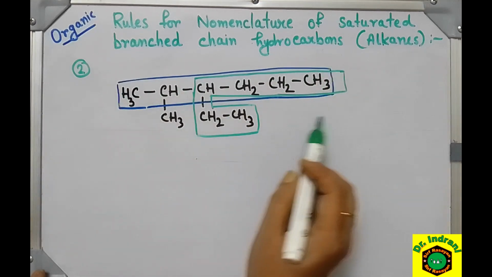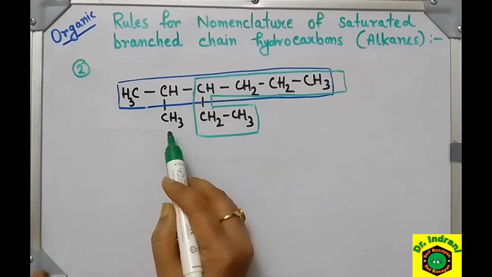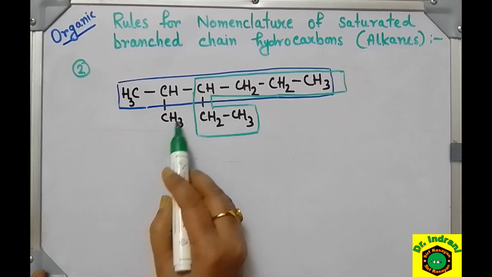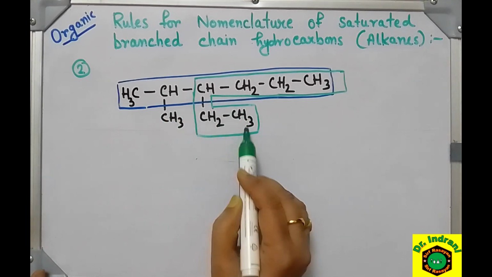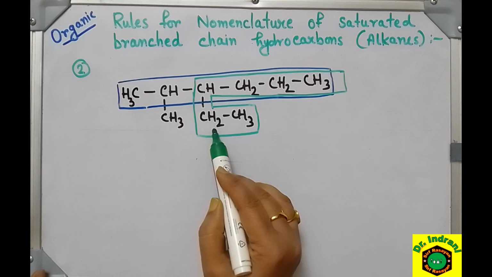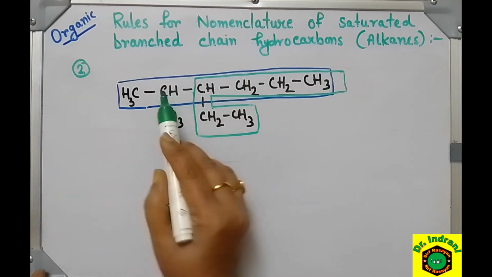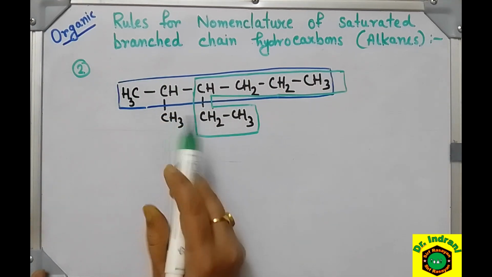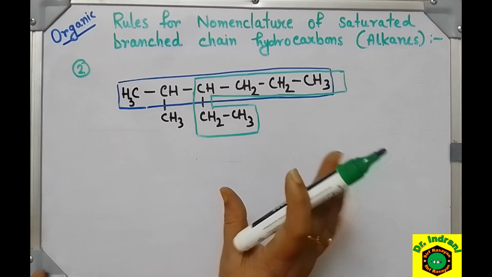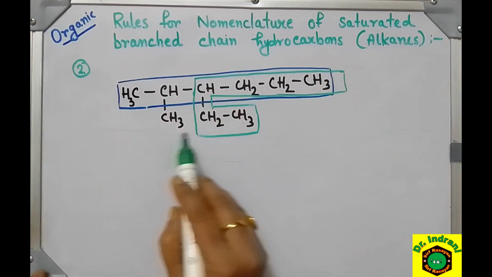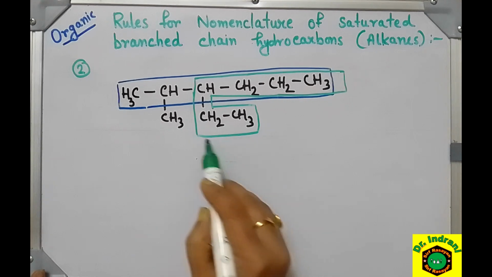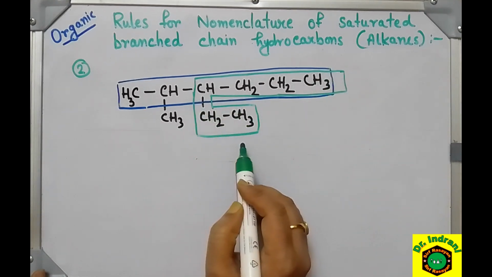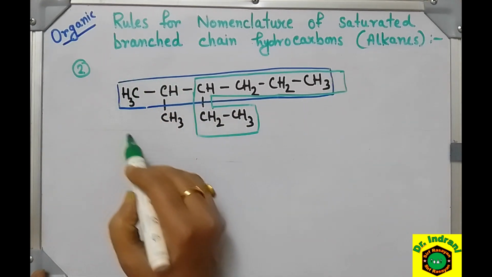See, the blue portion chain has how many substituents? 2 substituents: one is methyl, another is ethyl. This is ethyl, C2H5. And the green portion has this substituent. So if the blue portion is the main chain, it has 2 substituents. If the green portion is the main chain, then it has only 1 substituent, this one.